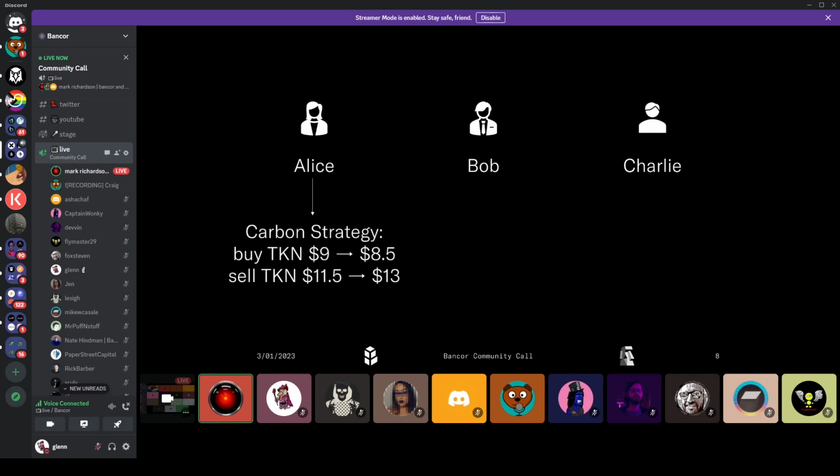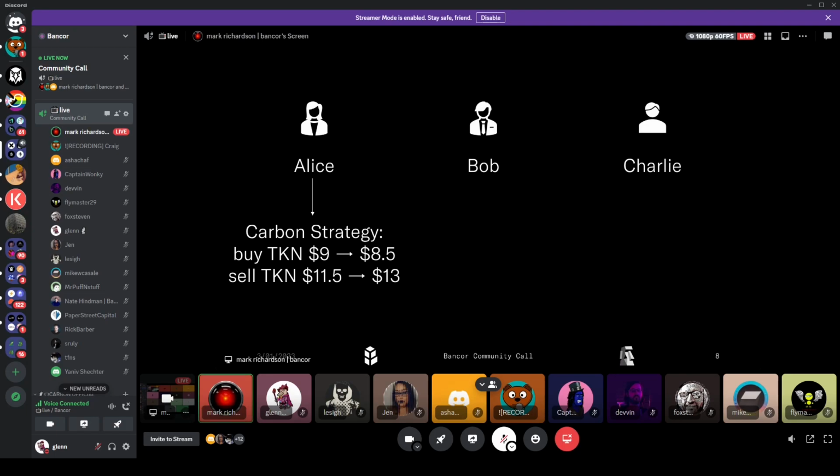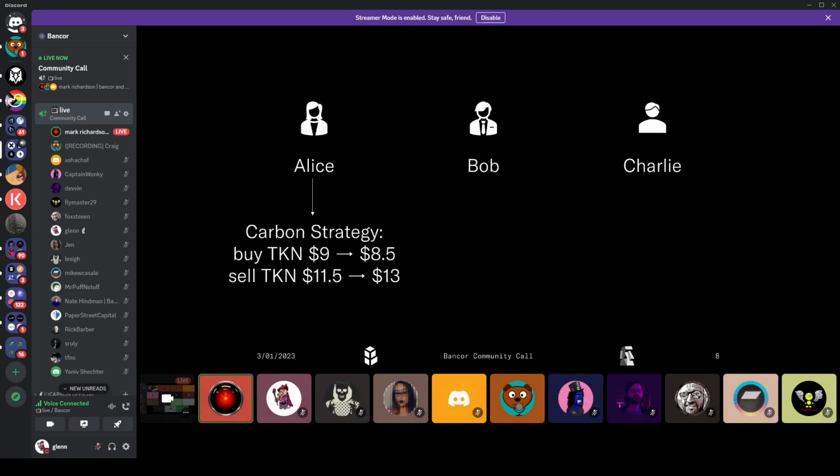Alice is the character who's going to be setting up the carbon strategy. Remember that the current price of TKN is $10. If you put yourself in Alice's shoes, and she is going to try to execute a strategy that nets her a profit in the immediate future, then maybe buying TKN between $9 and $8.5 as it moves to the downside, which is only a $1.05 move, and then selling it again as it moves to the upside between $11.5 and $13 doesn't seem like such a bad idea.